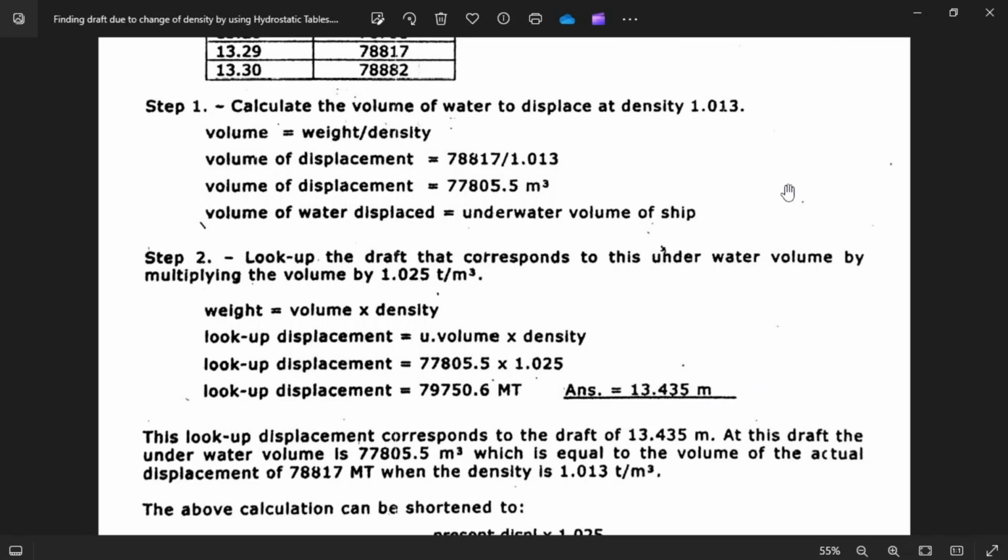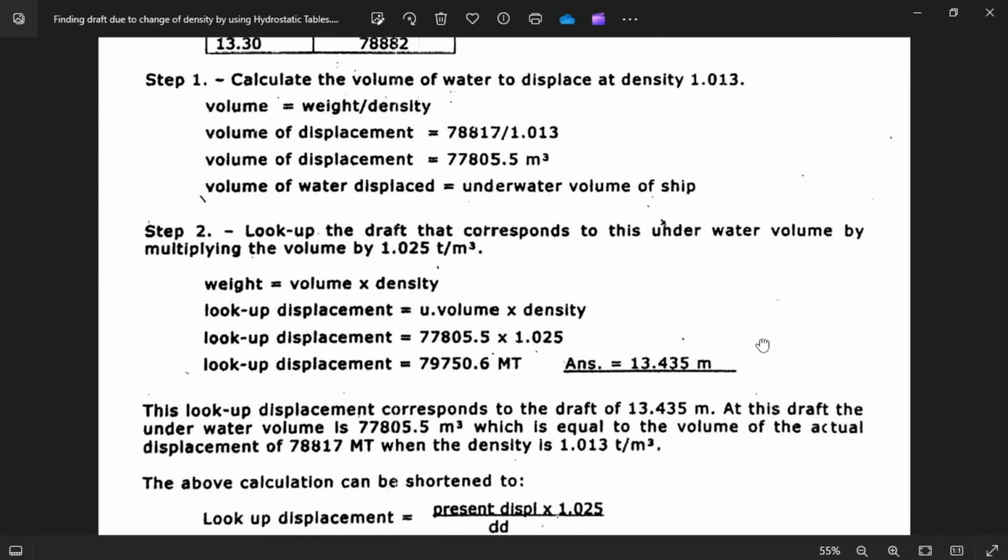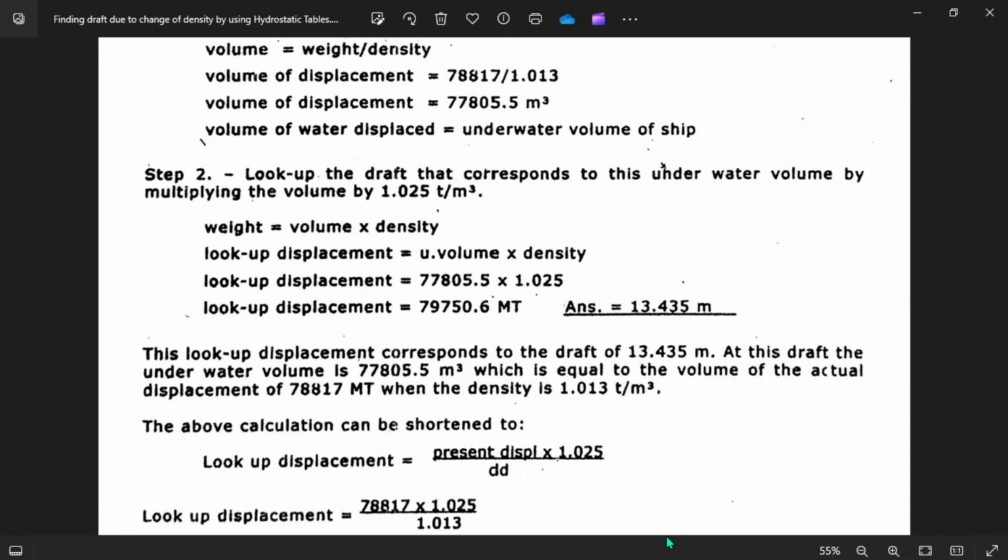Let's first proceed to the problem, then this will be your corresponding draft to this displacement of 79750.6. Okay, this lookup displacement, which is this one, corresponds to the draft of 13.435.